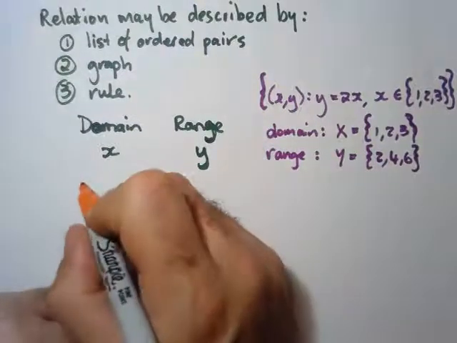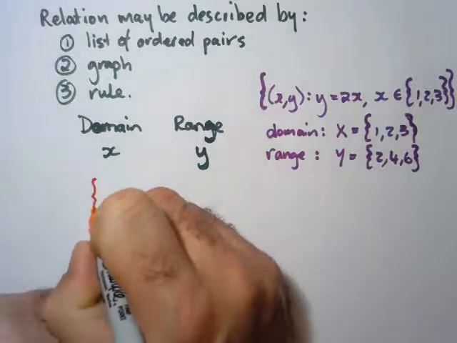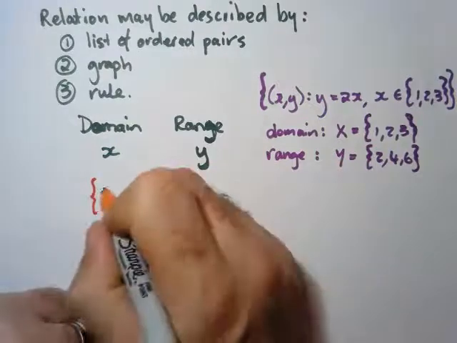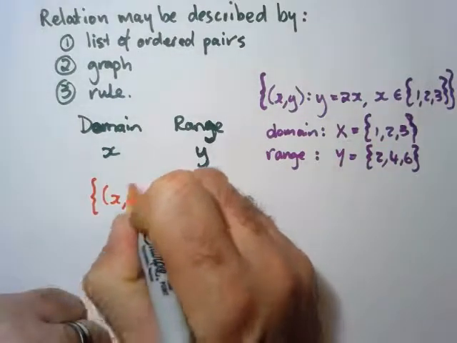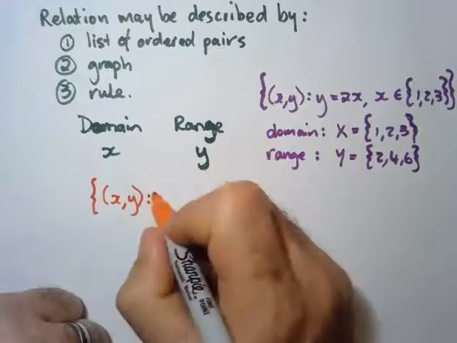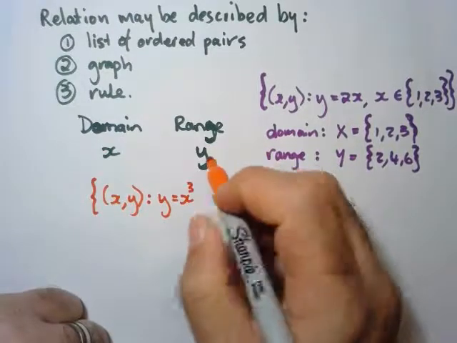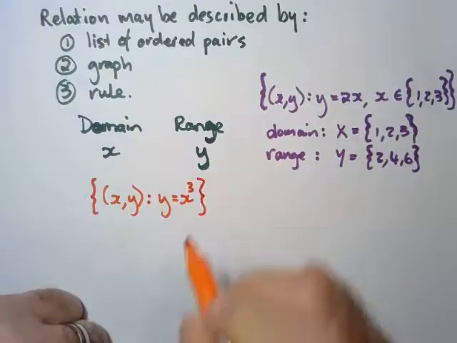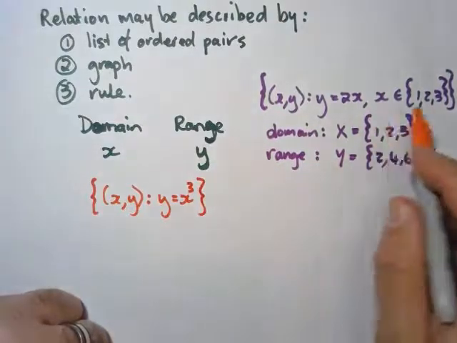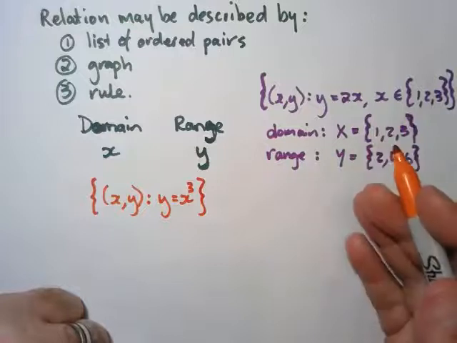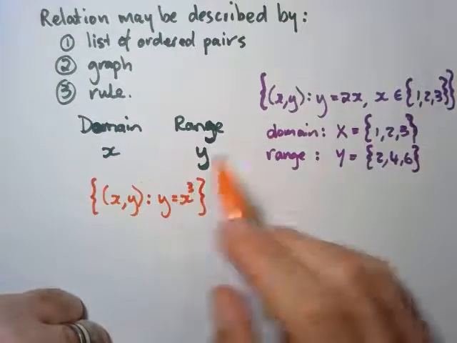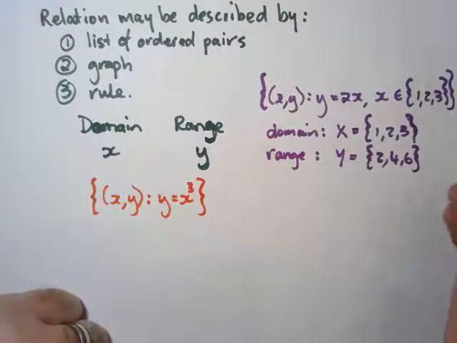If they give us something like, they say the set where your variables are x and y, such that the relation is y equals x cubed, and that's all they give us, they don't give us a domain, and they should give us a domain. So whenever you have a rule, you should have a domain, which means they should tell you where your x values are.